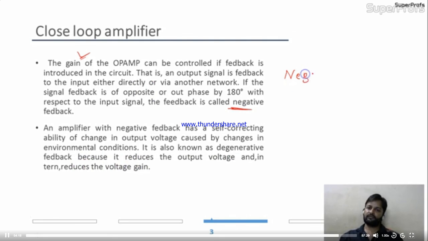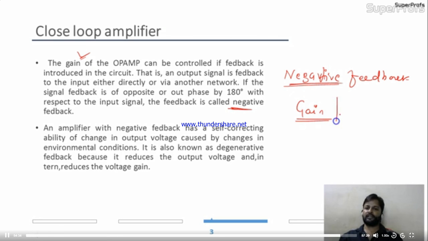Negative feedback is very, very important, and we are using this feedback only. Though negative feedback reduces the gain also, it eliminates the error. Whatever errors are coming, environmental error, the negative feedback is going to correct them.